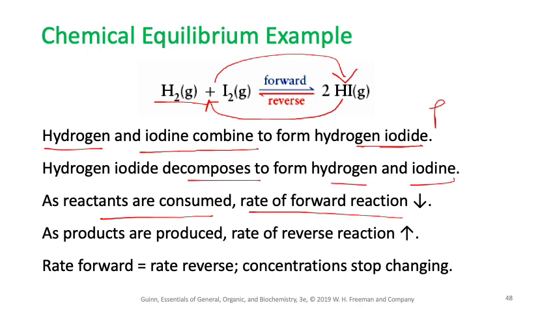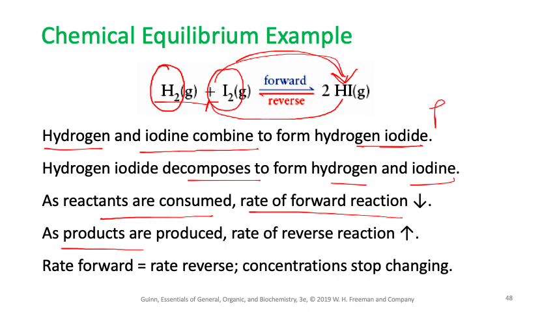What does it mean? If we start with a certain amount of reactant, and during the reaction the amount of reactant is getting less and less, it means more reactant is being consumed to make a product. That means the rate of the forward reaction is also going to decrease, because now you don't have enough concentration of the reactant, since most of it is already converted into a product.